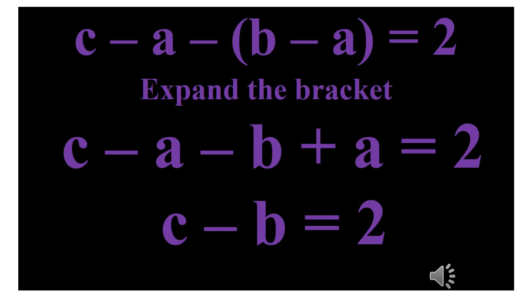So if you expand the bracket, we have c minus a minus b plus a, because minus times minus will be plus, so plus a equals 2. Then the minus a cancels out plus a. So we have c minus b equals 2.